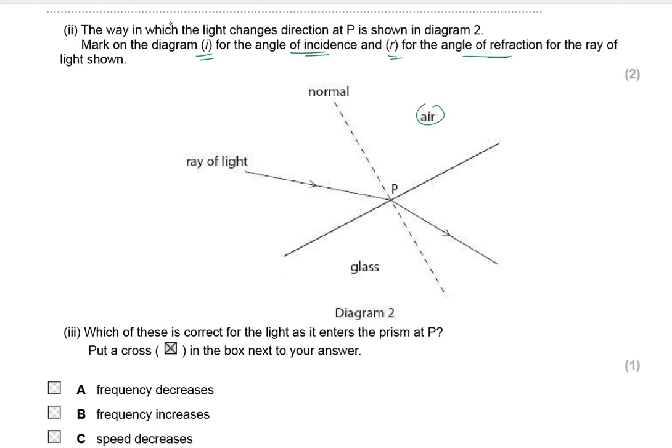So we have air, so this is less dense, so it's going into glass. So pretty much we just need to label the angles. So the angle of incidence I is going to be here, so this is I. Okay, because the angle of incidence is the angle, so this here is the incident ray.